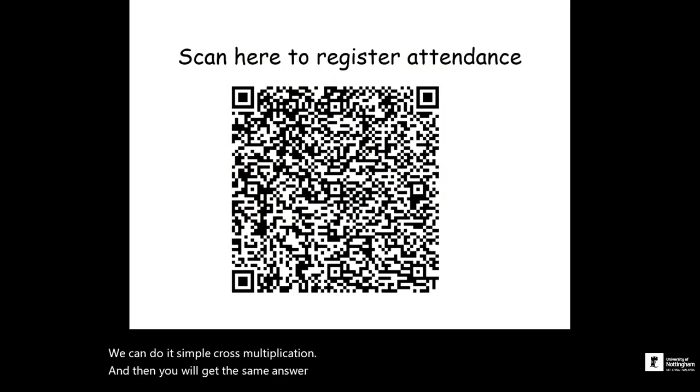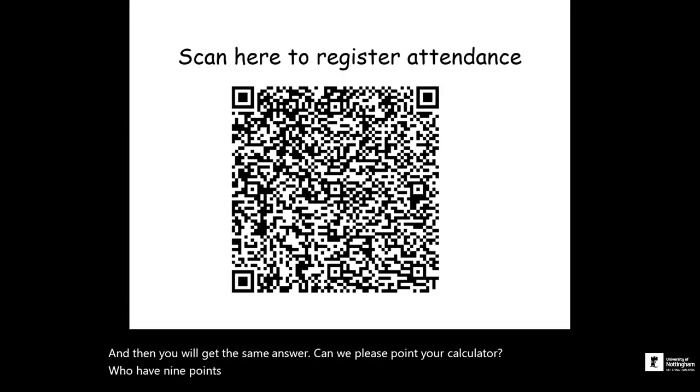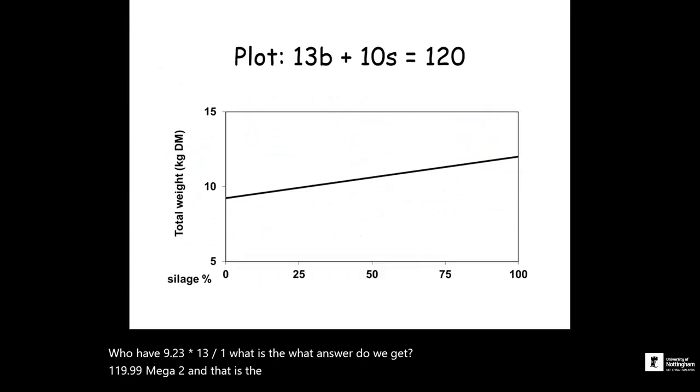Can we please punch a calculator? We will have 9.23 times 13 divided by 1. What answer do we get? 119.99 megajoule.